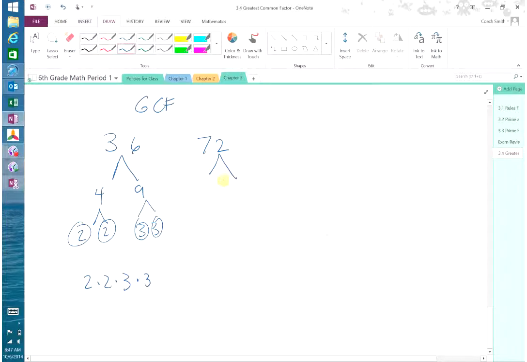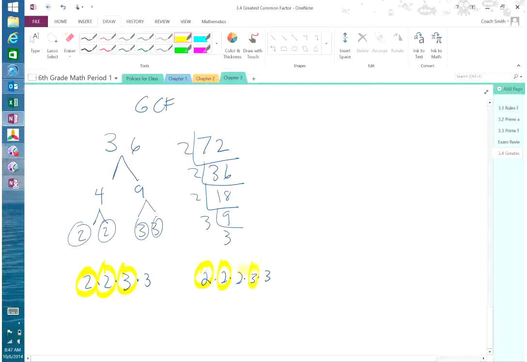Prime factorization of 72. 6 times 12. I'm going to use inverted division here. 2 into 72 would be 36. 2 into 36 would be 18. 2 into 18 would be 9. 3 and 3. So 2 times 2 times 2 times 3 times 3. Ones that are common: 2 and 2, 2 and 2, 3 and 3, 3 and 3.